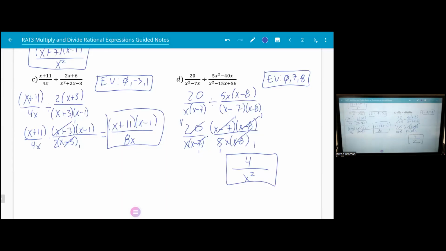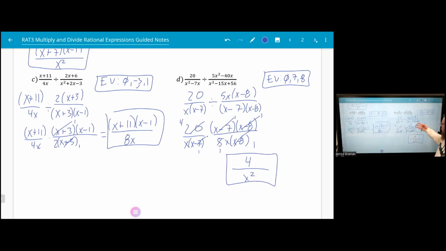All right, there's a lot going on here, but for letter C, we have our excluded values of 0, -3, and 1. And what's nice, when we take that reciprocal here, we still get -3 as an excluded value. So that's kind of like, we checked it off. It's already there, right? For letter, oh, sorry, we end up with x plus 11 times x minus 1, all divided by 8x. For letter D here, we end up with 0, 7, and 8.